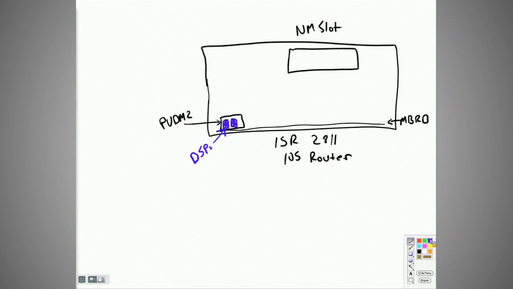And inside of there, we could shove in a module, there's the little handle on it. And there we've got our voice slots, or subslots, really. We'll call them subslots. That's what the router calls them.